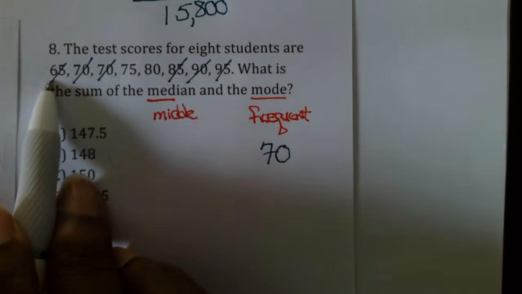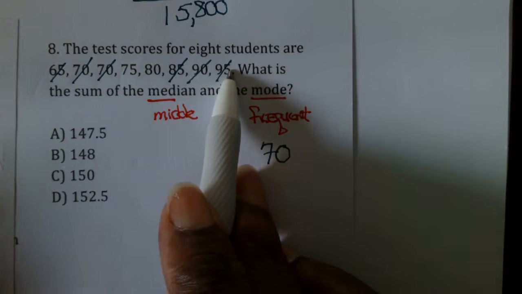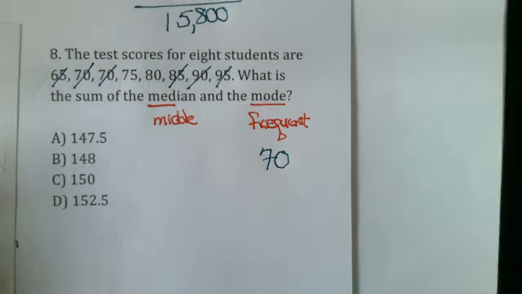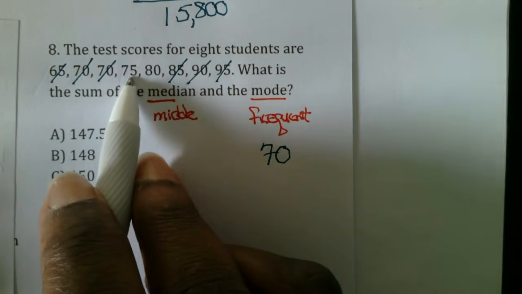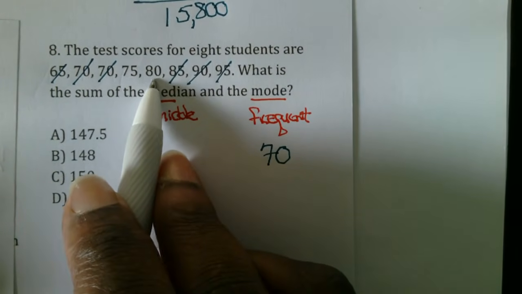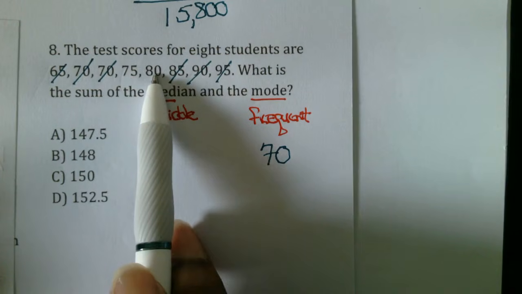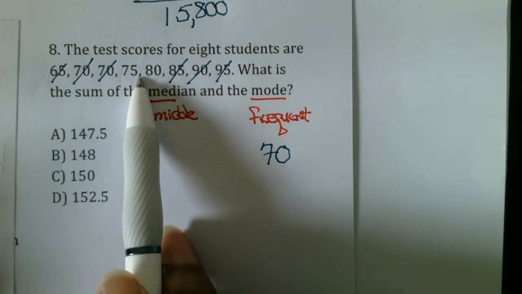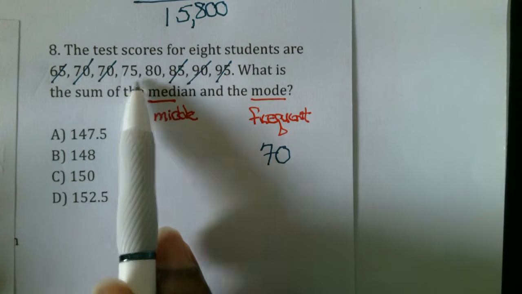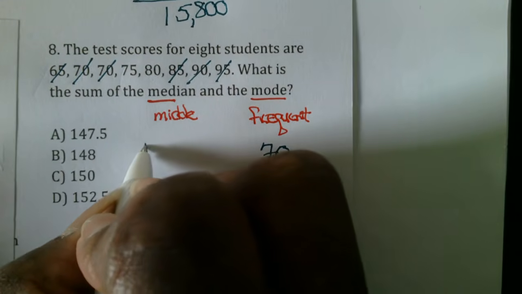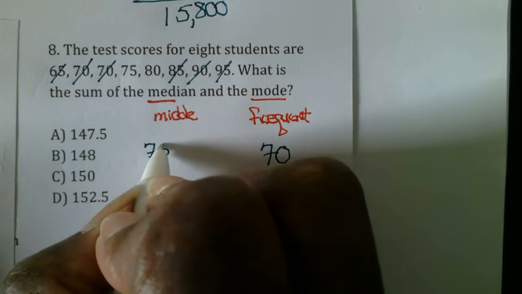So I got 3 of them canceled out here, and 3 of them canceled out here. So that means my median is going to be between 75 and 80. It's not as easy. If this was 78 and this was 80, I'd be like, boom, it's 79. Easy. But how we can figure it out is we're going to add those 2 numbers up.